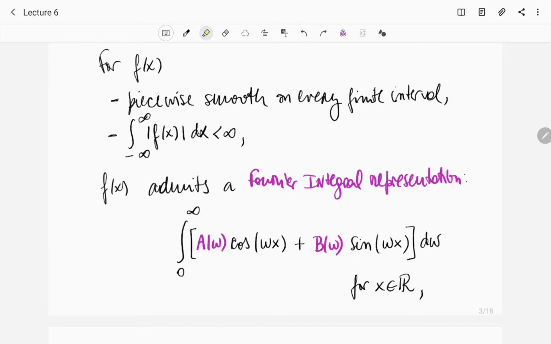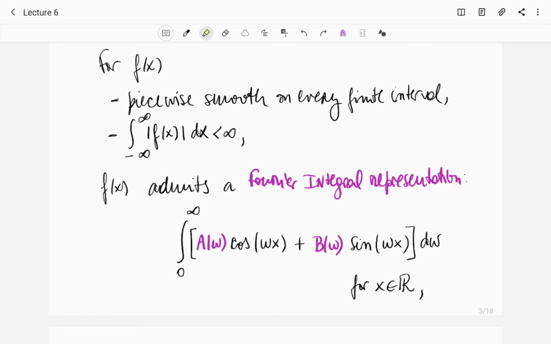But it's quite related to the previous setting in the sense that we have a function next to a cosine and a function next to a sine, and these functions do not depend on the variable x. So they kind of play the role of an and bn, okay? And we tried to explain that a little bit.